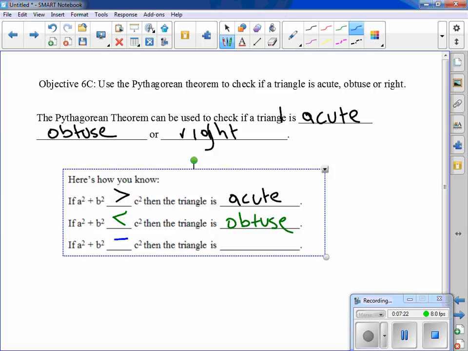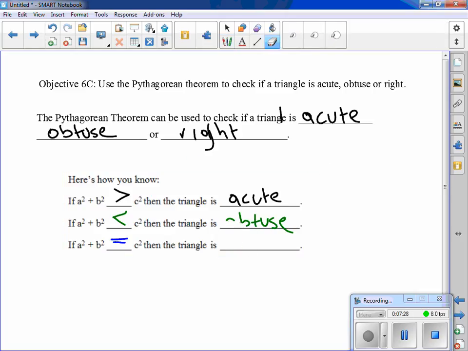And of course the last, if they are equal, then the triangle is a right triangle, meaning that it has a right angle in it. That is the sum of Unit 6C.